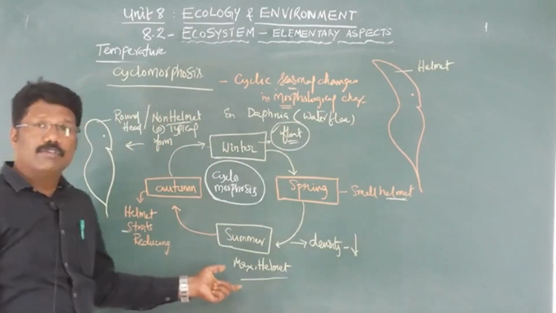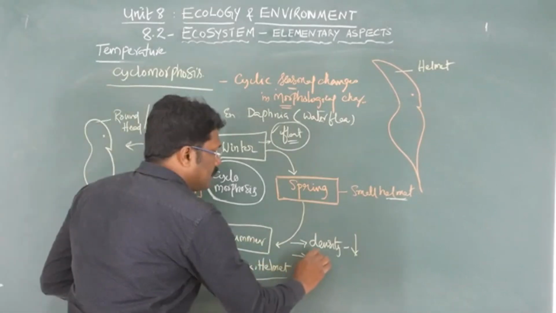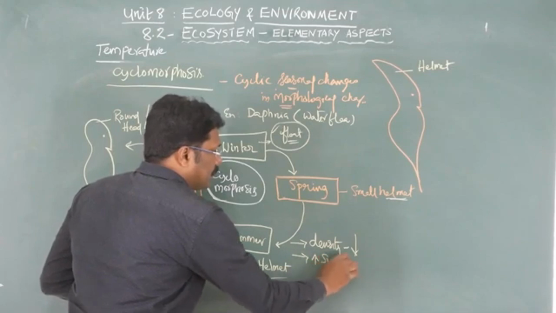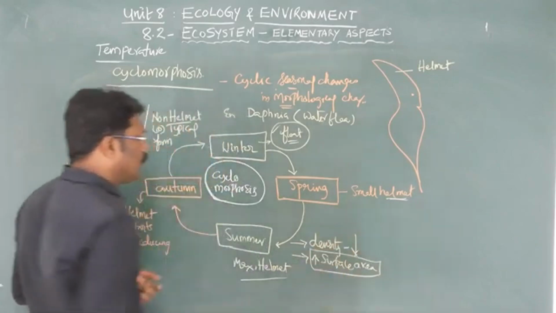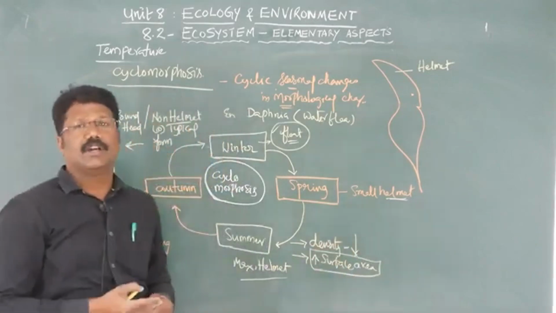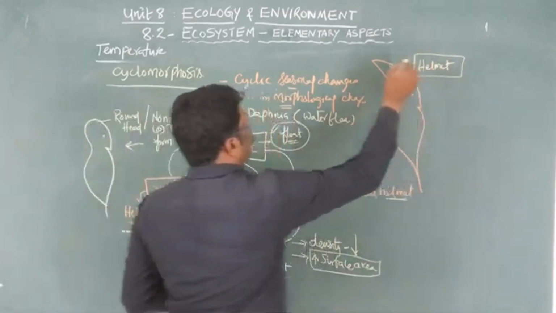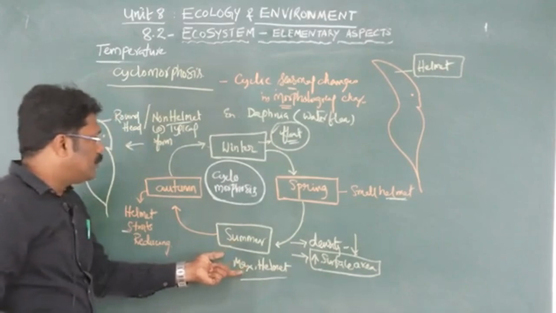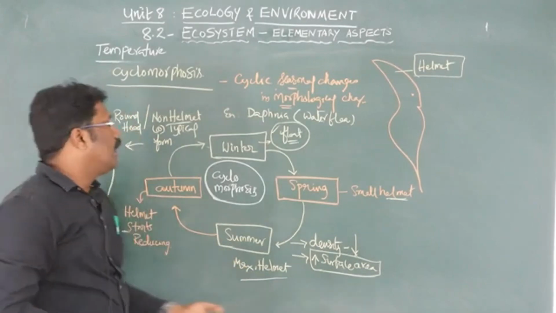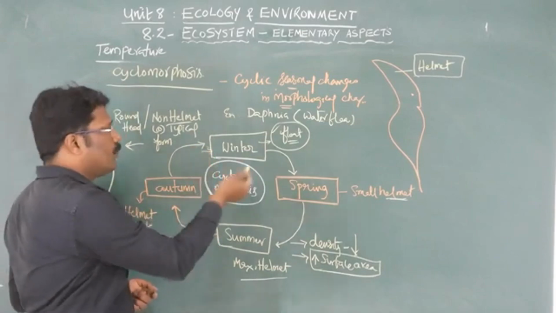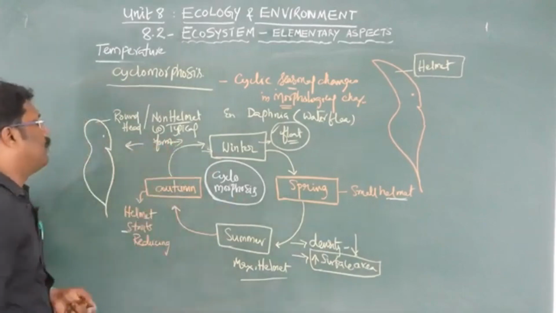And in order to float on the water, it needs to increase its surface area. So in order to increase the surface area of the body, there is a need for a helmet-like structure. So during the summer period, the helmet will have a maximum size, and during the winter, when there is no problem with the floating, the helmet will not be appearing.